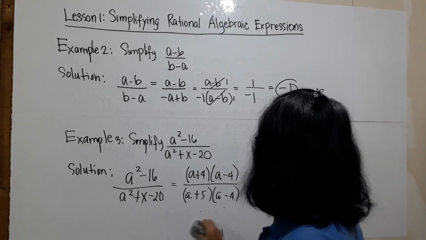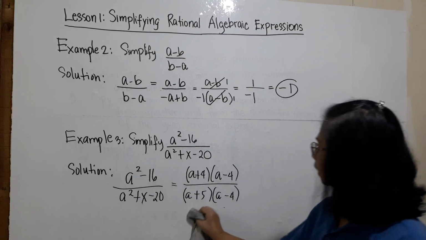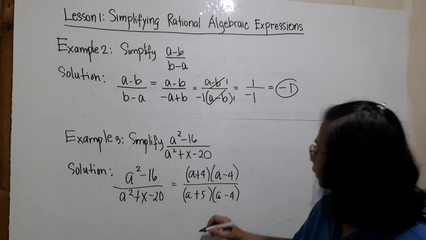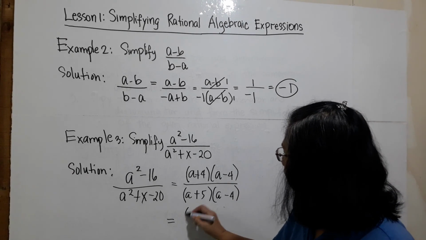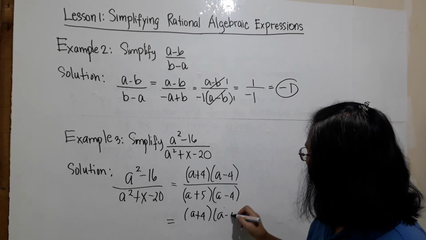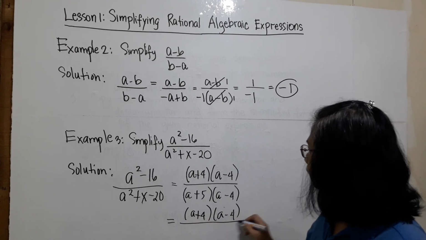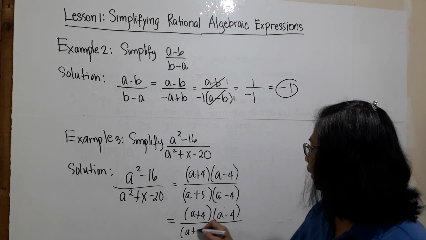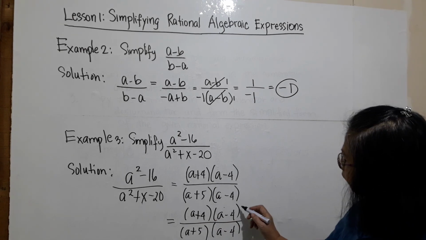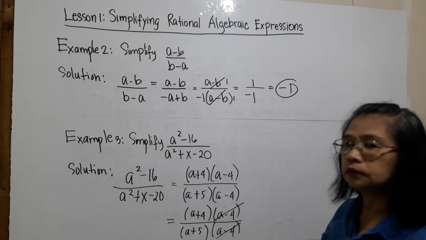You can see common factors in the numerator and denominator. So we have here, I will just copy, a plus 4, a minus 4. Then the denominator is a plus 5, a minus 4. It's obvious we can cancel these 2.